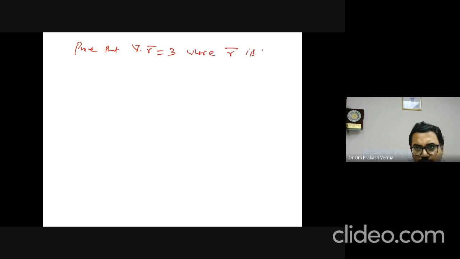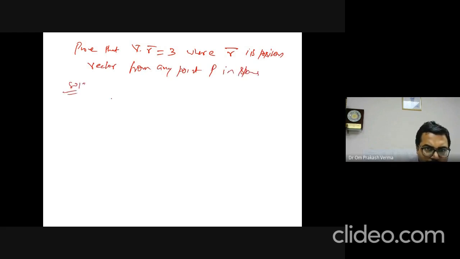The problem is to prove that del dot r vector is equal to 3, where r vector is the position vector from any point P in space. The simple solution is, since it is a position vector, r is x ax plus y ay plus z az.